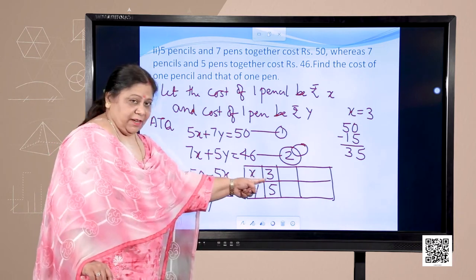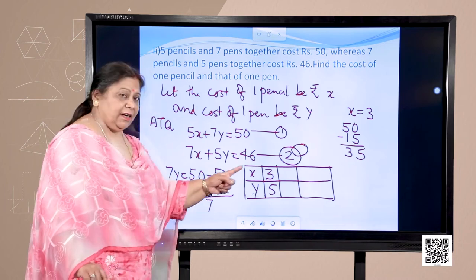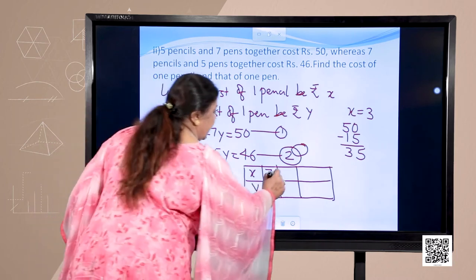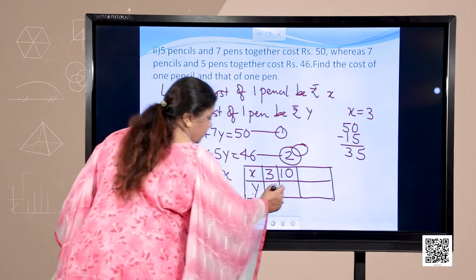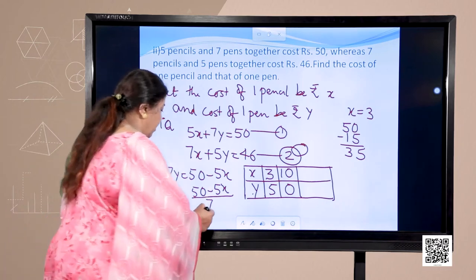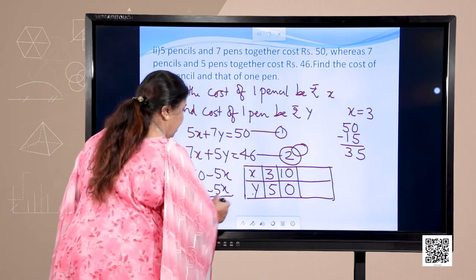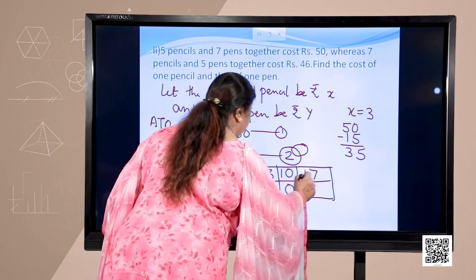After we get one value, there is a trick here. Just look at this number 3. 3 plus 7 denominator gives me 10. 7 plus 3 is 10. So let me check for 10. What is 50 minus 50? 0. So easy to calculate the point. Likewise, what is 7 plus 10? It is 17.